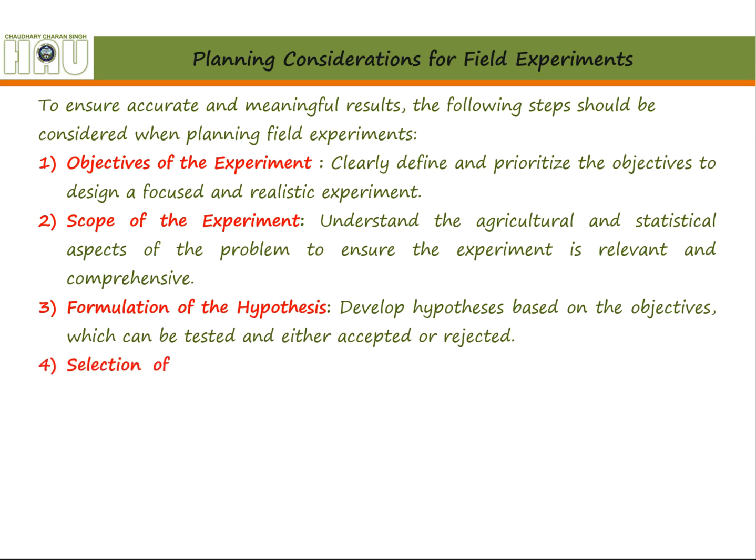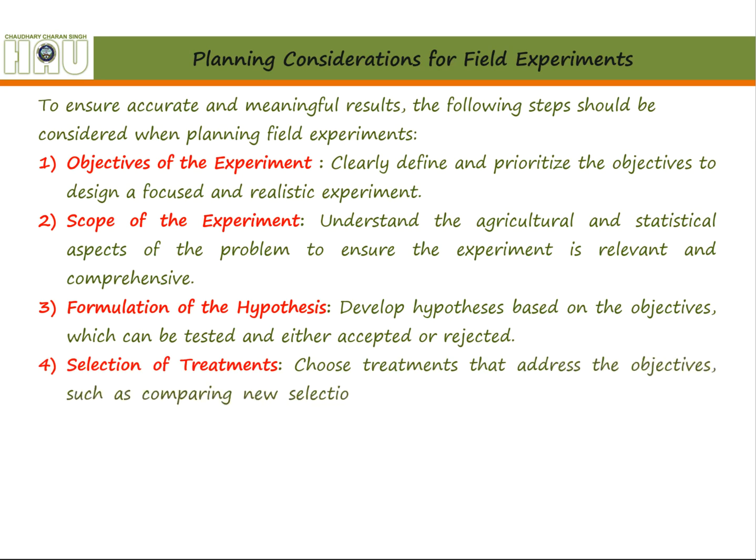Number 4, the selection of the treatment is also very important. You choose treatments that address your objectives, such as comparing a new selection with a standard variety in a breeding program, or comparing a new drug with the existing one for a particular treatment, and so on and so forth.